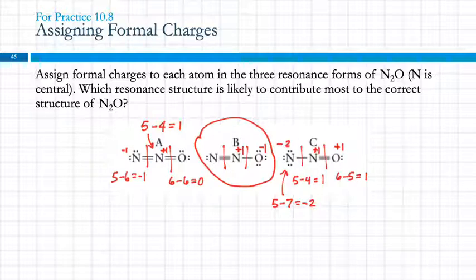So B is the best one because O has the negative charge. So we're looking for who's most electronegative. So then we look at the periodic table and we see that oxygen is closer to fluorine. Oxygen is more attractive to the electrons. And in this middle structure, that electron is not distributed equally, because we can't do this and have 0 formal charges, right?